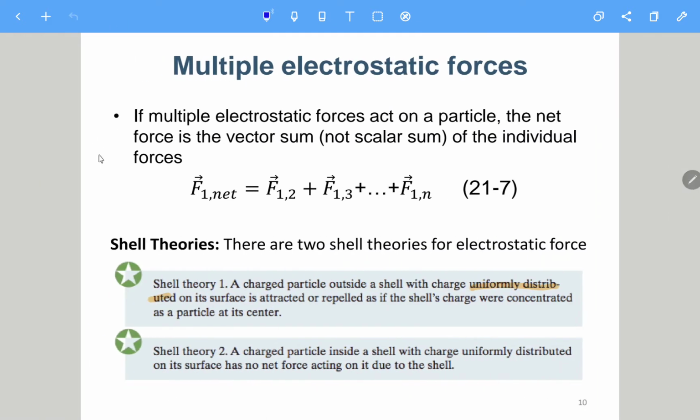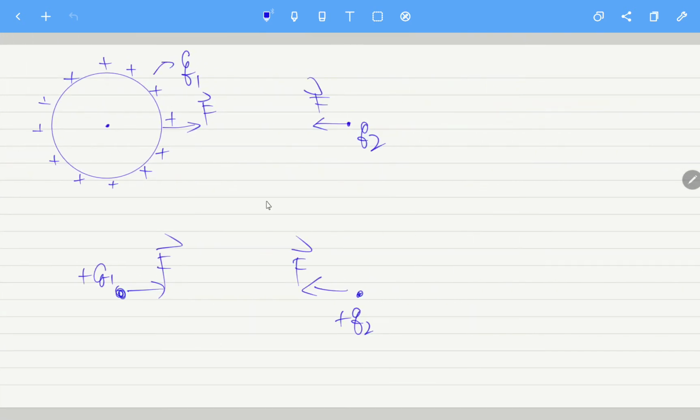This is what Shell theorem one says. We can recap it again. A charged particle outside a shell with charge uniformly distributed on its surface is attracted or repelled as if the shell charge were concentrated as a particle at the center. Okay, so this is Shell Theorem 1.